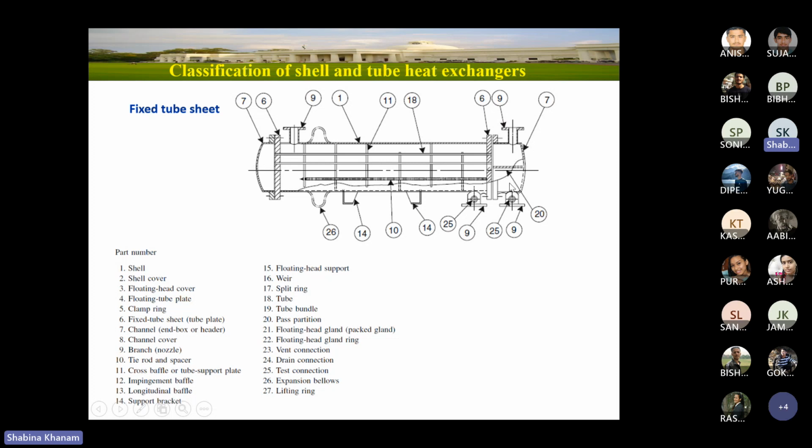So when fluid enters, it will enter only 1/4 of the total number of tubes, and it will travel the whole length. Because of the partition in between, fluid will reverse its direction and move to another 1/4. One 1/4 it already entered, another 1/4 number of tubes it will enter now and travel the whole distance.